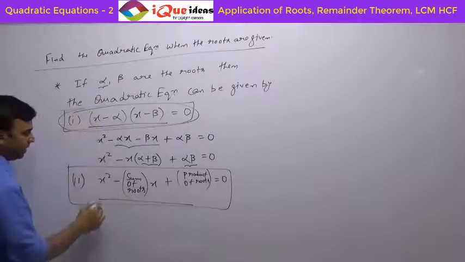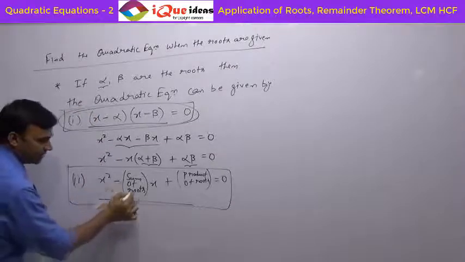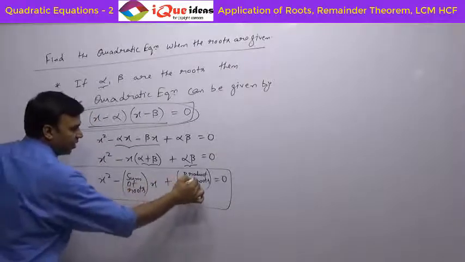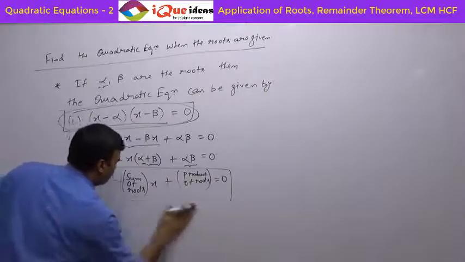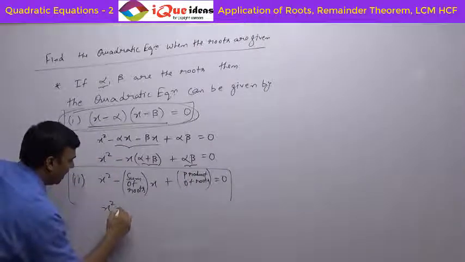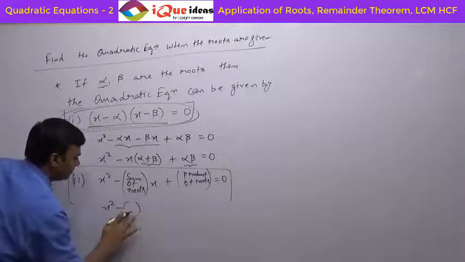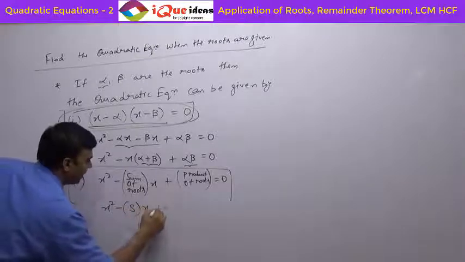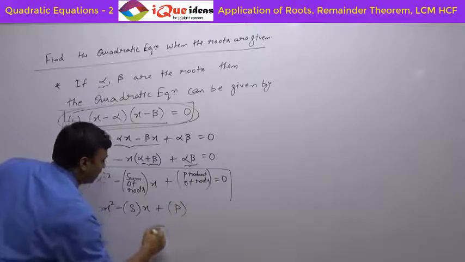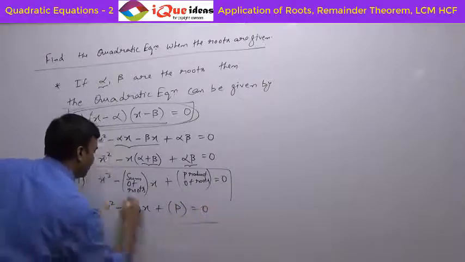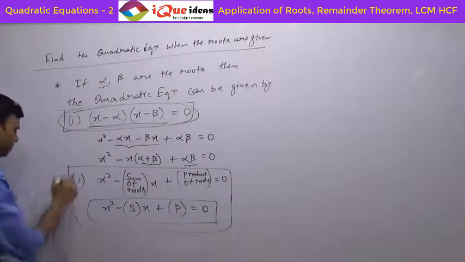If you open it, you get x square minus sum of roots into x plus product of roots equal to 0. In short, this can also be written as x square minus S into x plus P equal to 0, where S is the sum of roots and P is the product of roots. So this can be presented like this also.